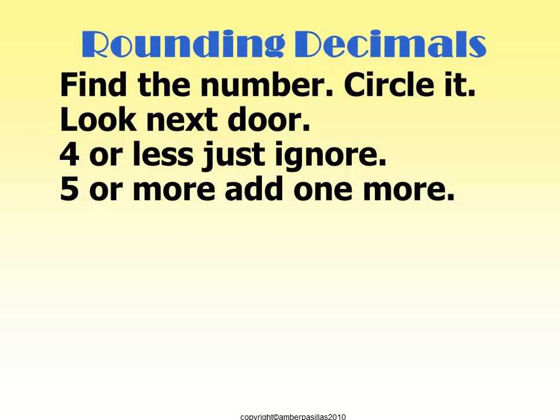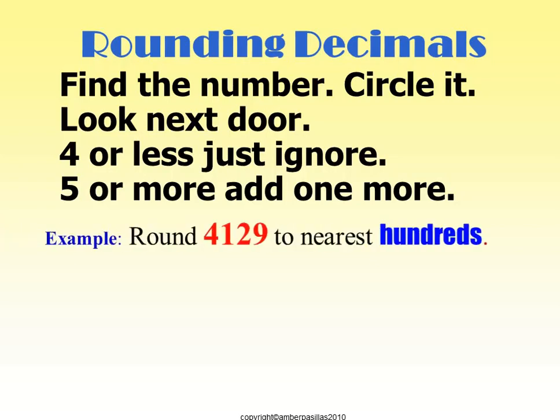And if it's 5 or more, just add one more to the circled number, and again all of the numbers to the right will be 0, but you will not do anything with any number that is to the left of the circled number.